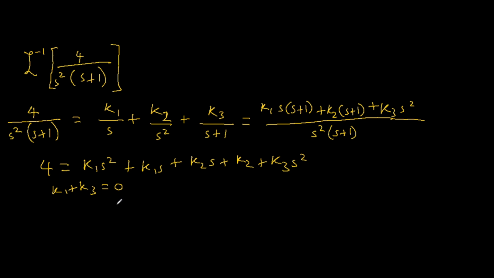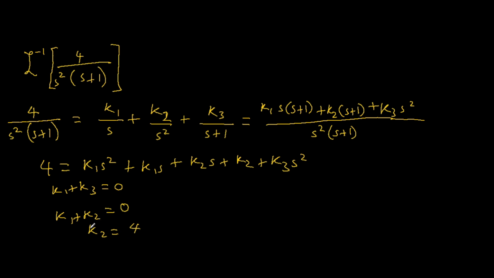That's our equation, equating the s squared terms. And then equating the s terms, you have k1 plus k2 also being equal to 0. And then taking the standalone terms, you have k2 is equal to 4.